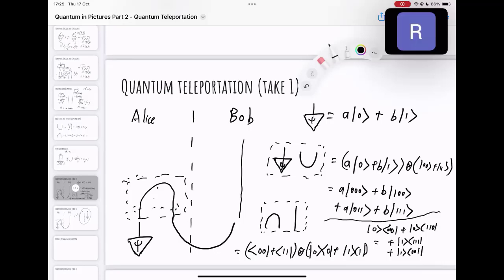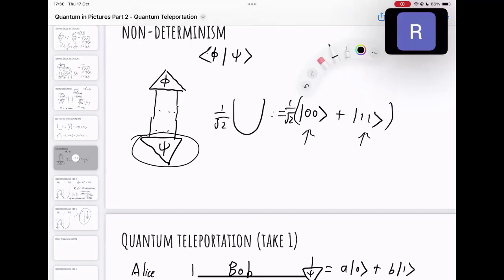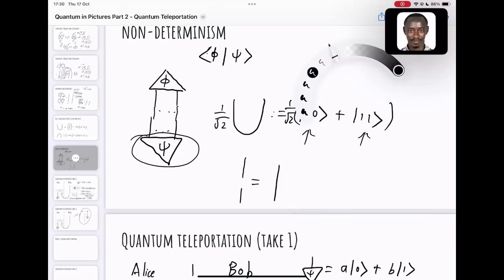It takes in 0 and outputs 0, and it takes in 1 and outputs 1. So if I took this diagram and joined it with its reflection, that is in fact equal to identity. That matches the definition. Thank you, that's a good question.